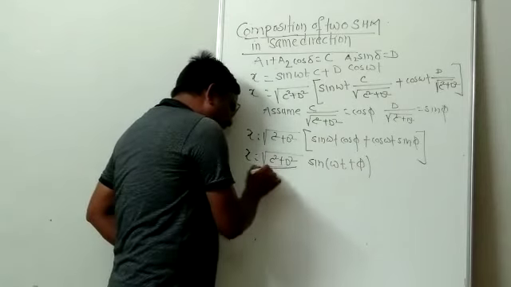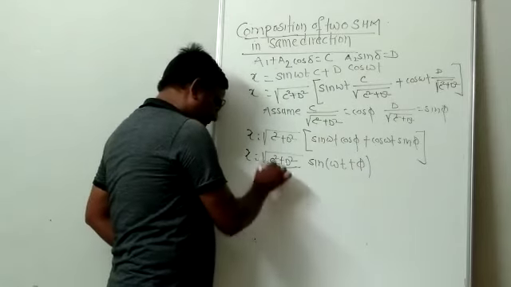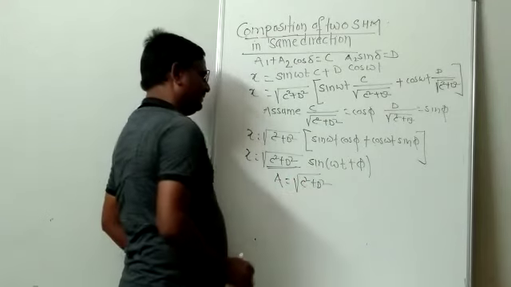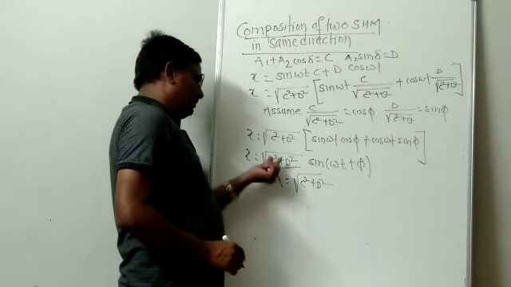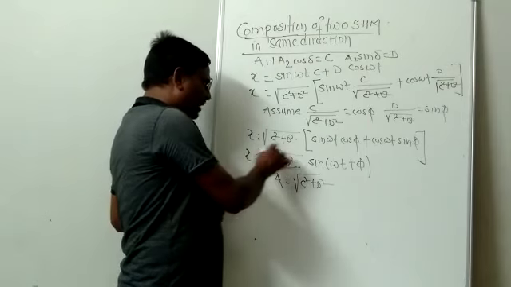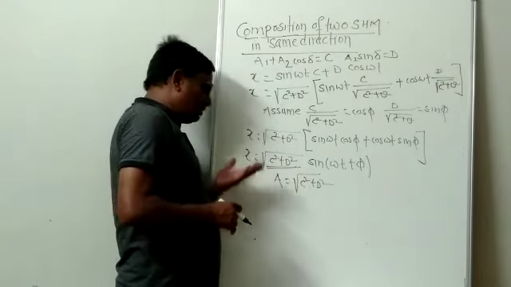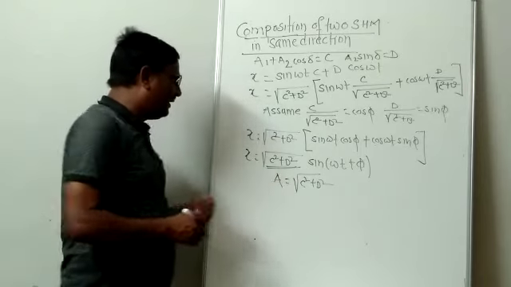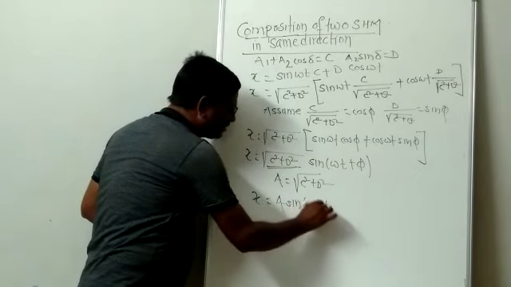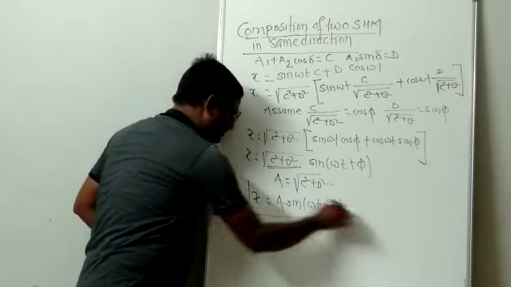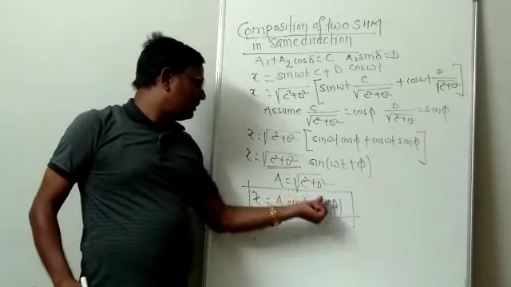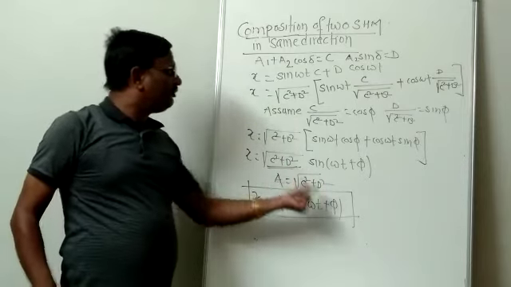But under root C square plus D square is nothing but the amplitude, so I may assume it as A. You can use any letter, but I have used A. X is equal to A sin omega t plus phi. This is the resultant of two SHMs having amplitude capital A and phase difference phi.